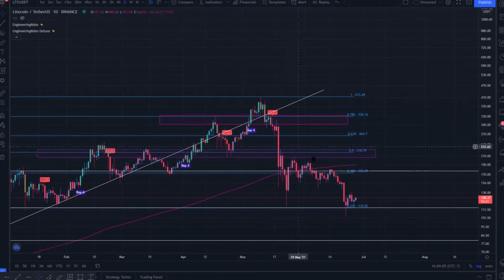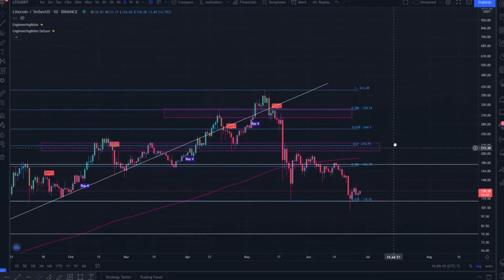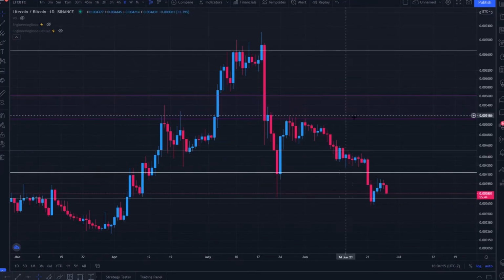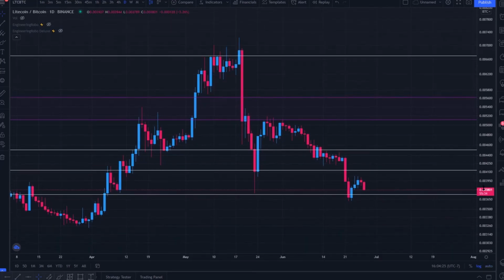Sell for against USDT, price action below the 200 daily moving average. But when we consider Litecoin against Bitcoin, we can see a new perspective come into play. Price action looking to find support as well. Potential support around 37.28 Satoshi is going to be a critical level that price action could very much bounce from. Significant resistance moving forward is going to be 41.32 Satoshi in addition to 45.04 Satoshi.